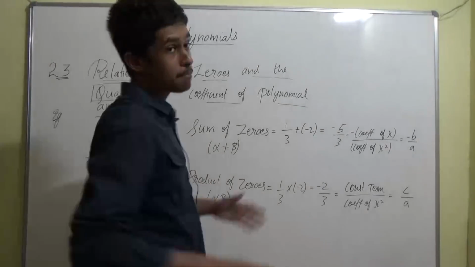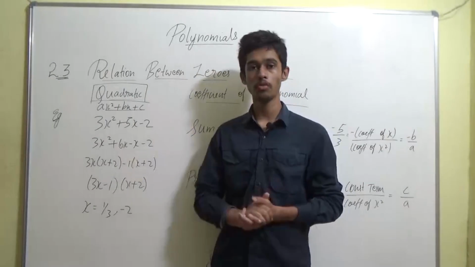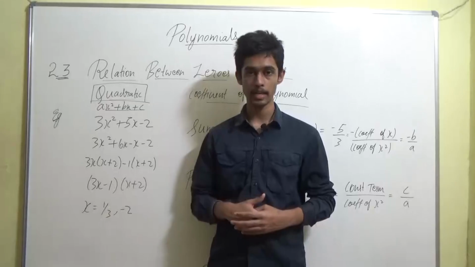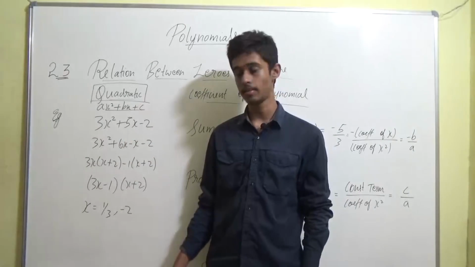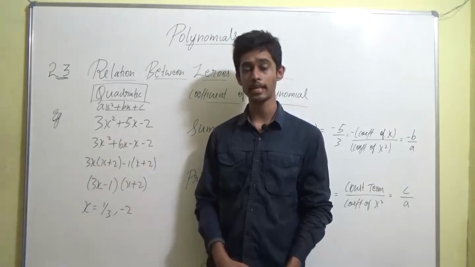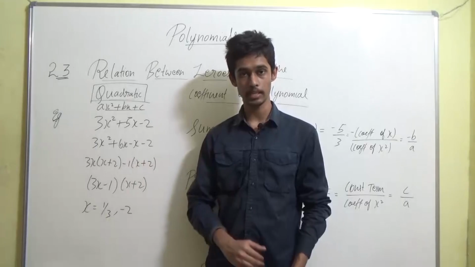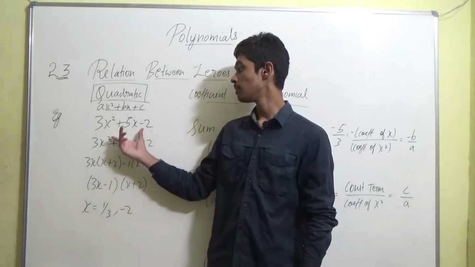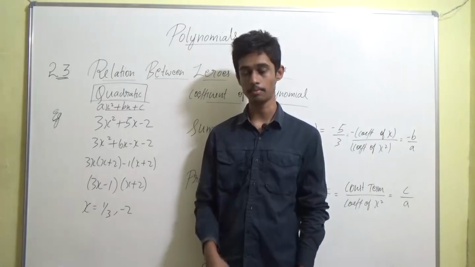So this is example 2 under this type of polynomial, that is, for a quadratic polynomial. The polynomial which I have taken is 3x square plus 5x minus 2. Now we are going to find the zeros algebraically, that is, by solving this using the splitting the middle term method.